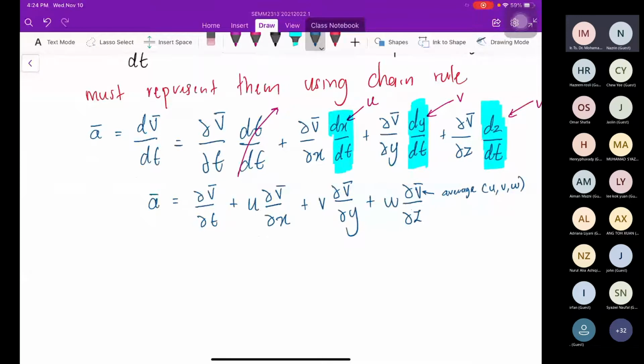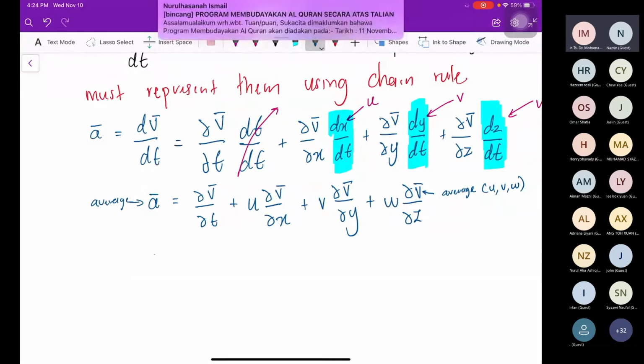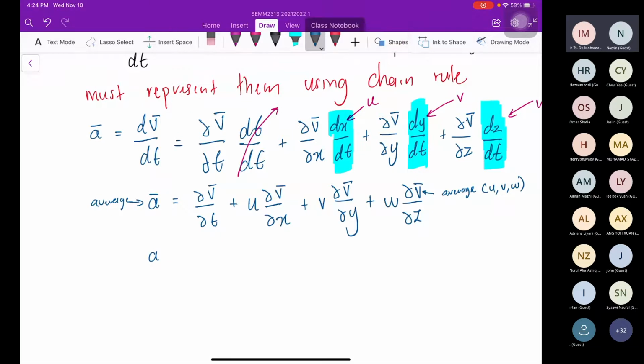So instead of this average acceleration, I want to separate in terms of X, Y and Z components. If I separate, it is not average anymore. It becomes the individual acceleration at the right direction and location.